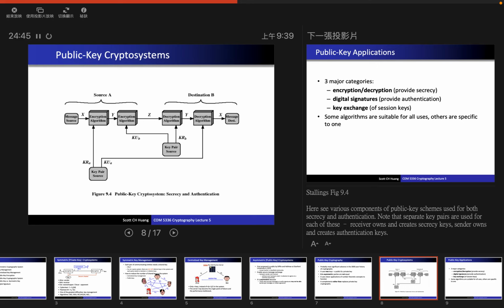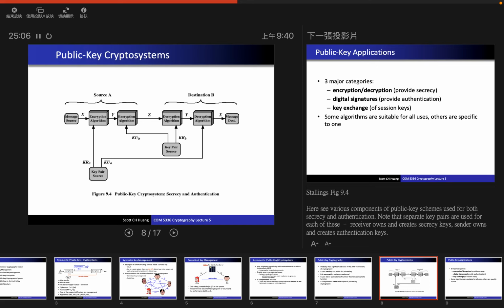So this is another diagram. We have a source A and destination B. So Alice and Bob, right? So Bob has a key pair. This key pair is generated by Bob. Okay, so this is the public key. This is the private key. Public key and private key. This is a key pair.